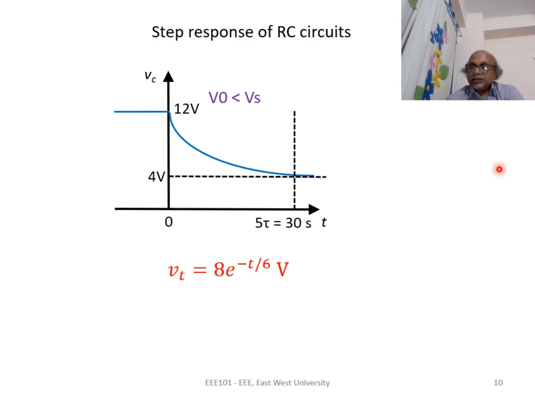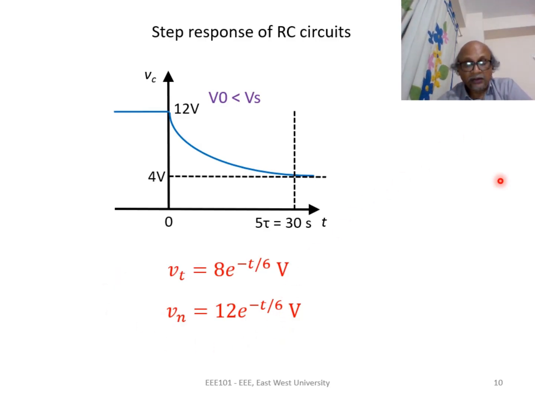Remember, the natural response is V0 e to the power minus t by tau, where V0 is the initial value. Our initial value was 12 volts, so Vn, or the natural response, is 12 e to the power minus t by 6 volts.